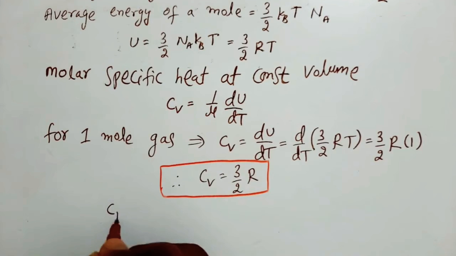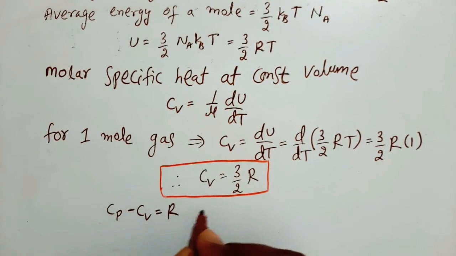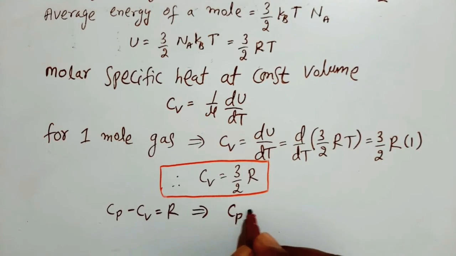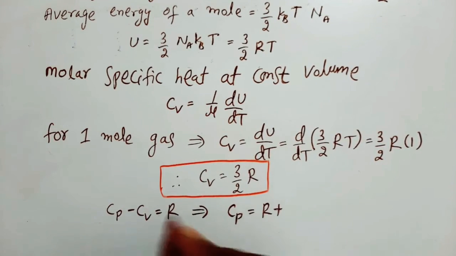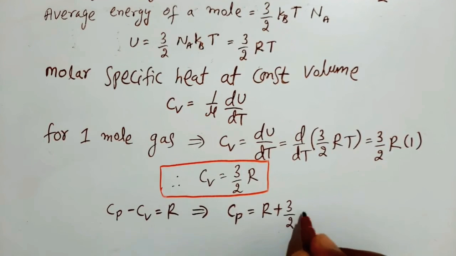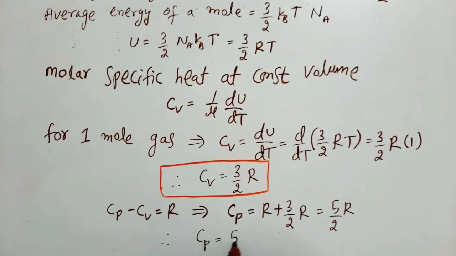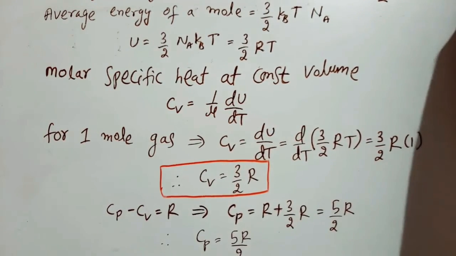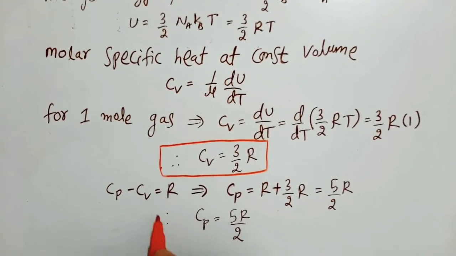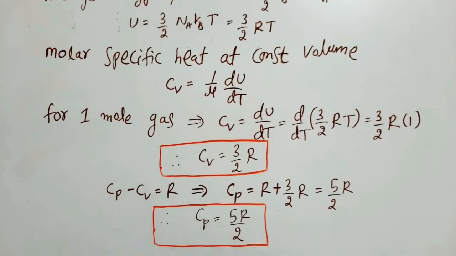We know Cp minus Cv is equal to R. From this Cp is equal to R plus Cv. Here Cv is 3/2 R, that is 2 plus 3, 5/2 R. So Cp is 5R/2. For monoatomic gas, specific heat capacity at constant pressure Cp is 5R/2.